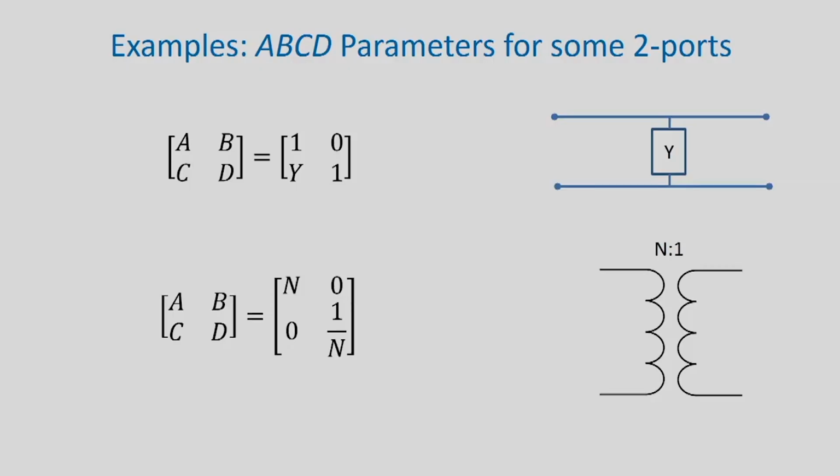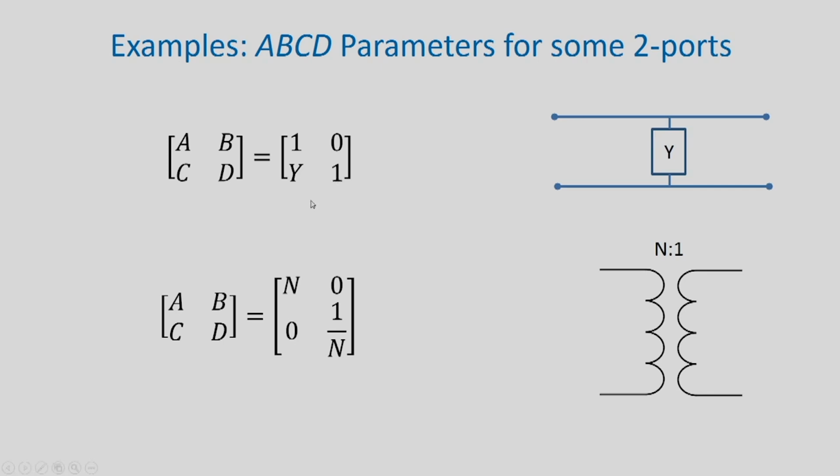Let us now consider some more examples. We have considered a two port in the form of a series impedance. Let us now consider a two port of the form of shunt admittance Y, and for this case the ABCD parameters can be found out to be equal to 1 0 Y 1.